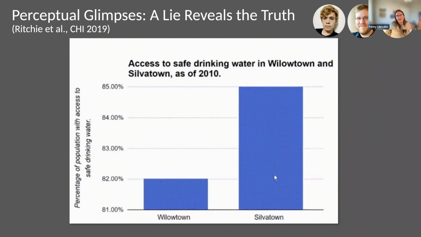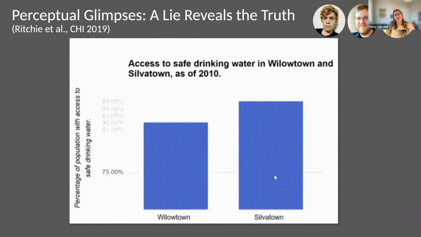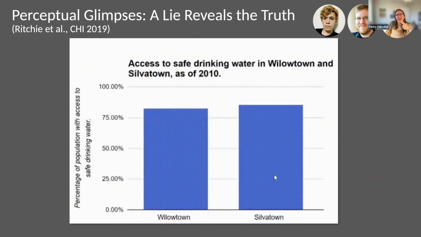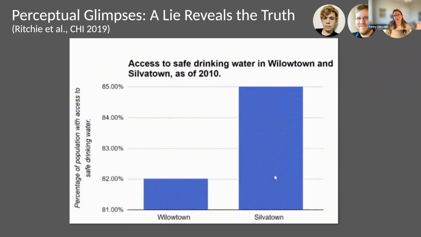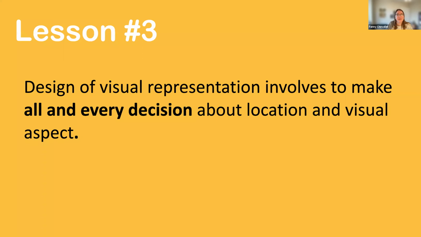Beside this particular surprising finding, where I'm going here is that you can't really avoid, as a designer, having to make these decisions: which one to go first, which one to go left, which one to go right, and so on. The design of visual representations involves making every decision about location and visual aspect, because representing something visually requires you to put it somewhere in space and to give it a shape and color.